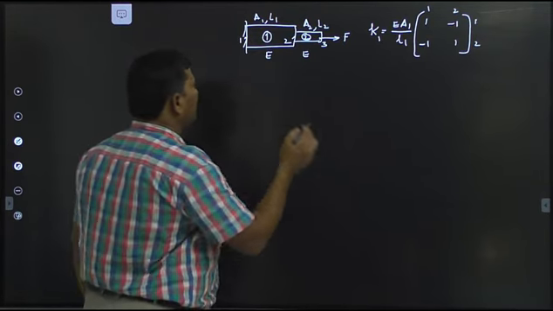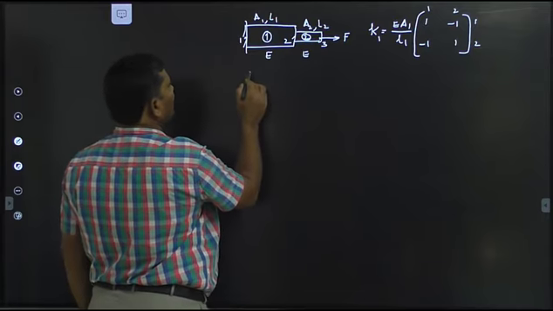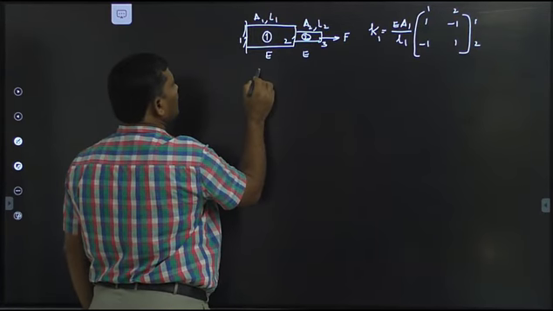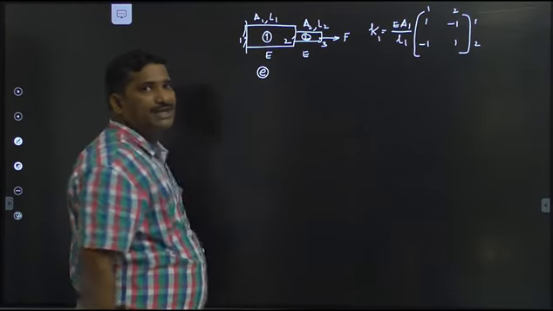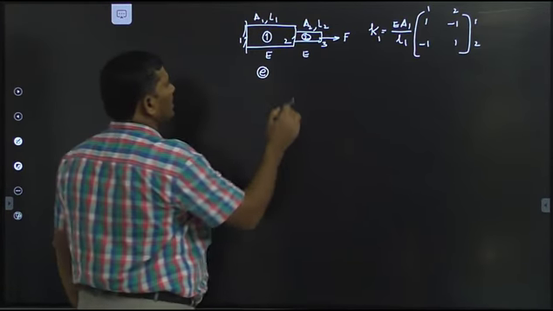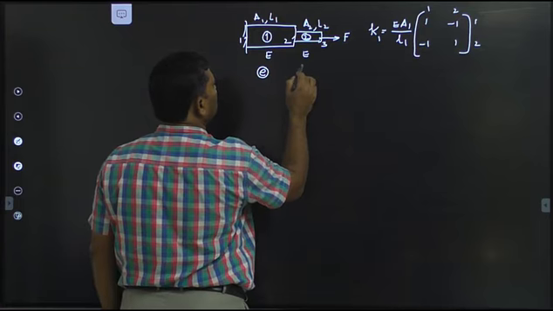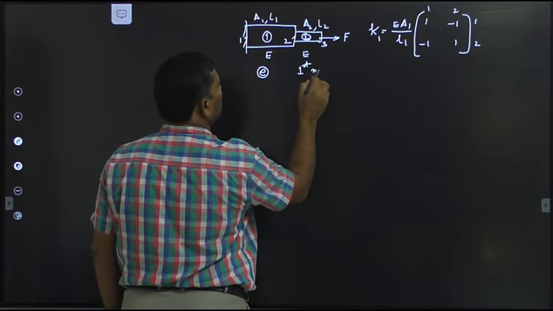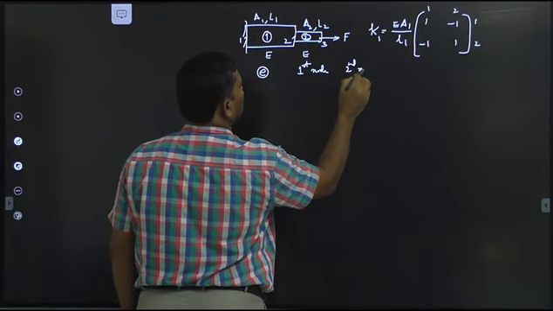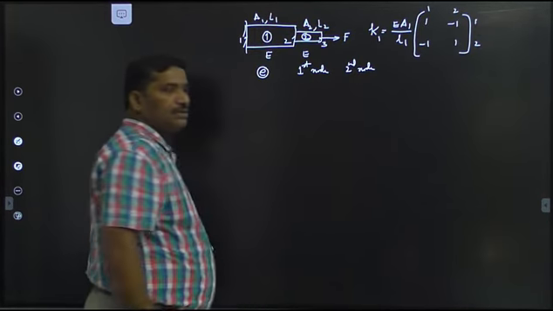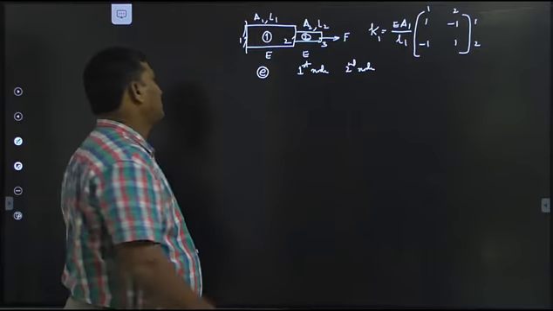Otherwise, you can prepare the element connectivity table: element number, encircled, then first node, then second node. E indicates the element number.